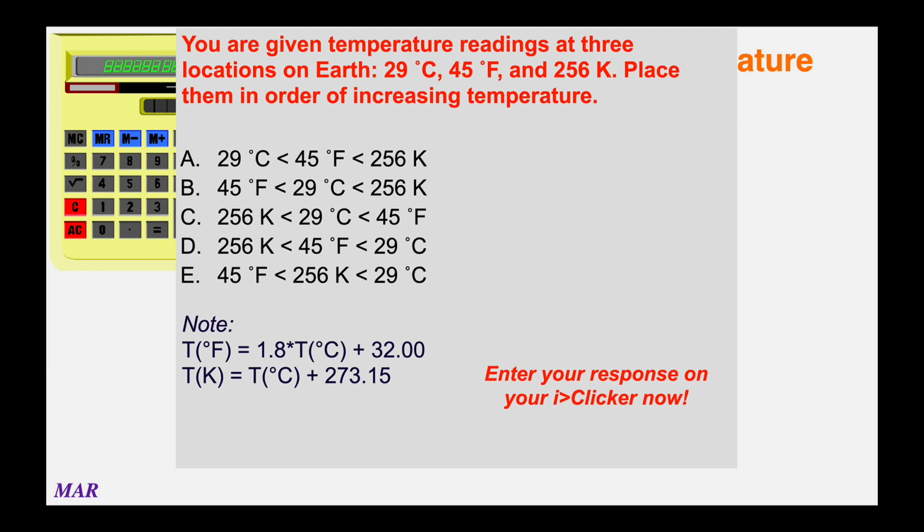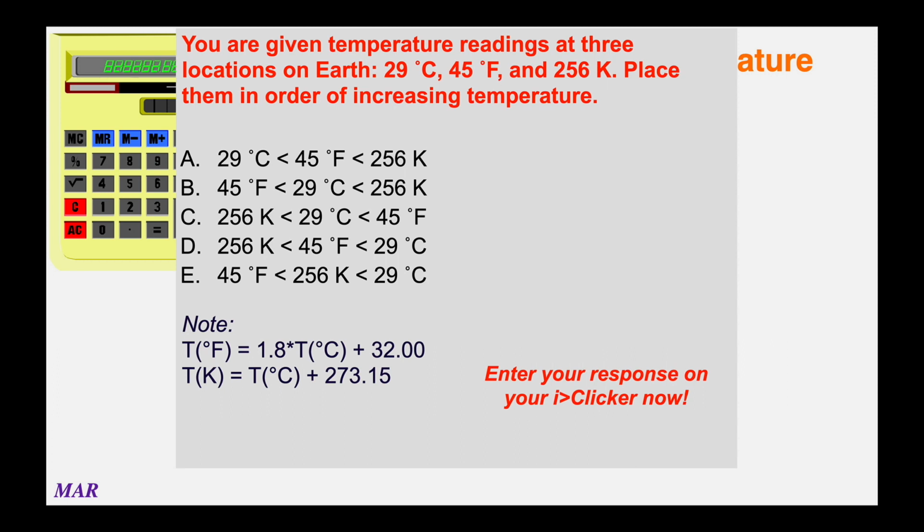So here are temperatures that you can actually experience on the Earth: 29 Celsius, 45 Fahrenheit, 256 Kelvin. Let's put them in order of increasing temperature. What I would do in a problem like this is use Celsius as the halfway. So I would turn Kelvin to Celsius, and I would turn Fahrenheit to Celsius and see which one it is.